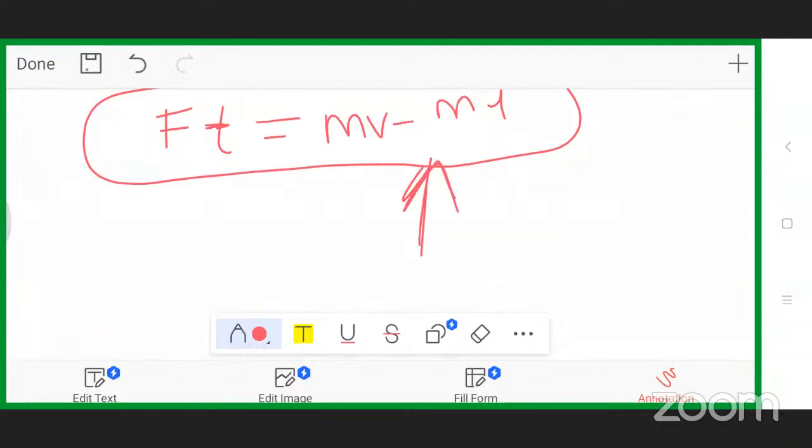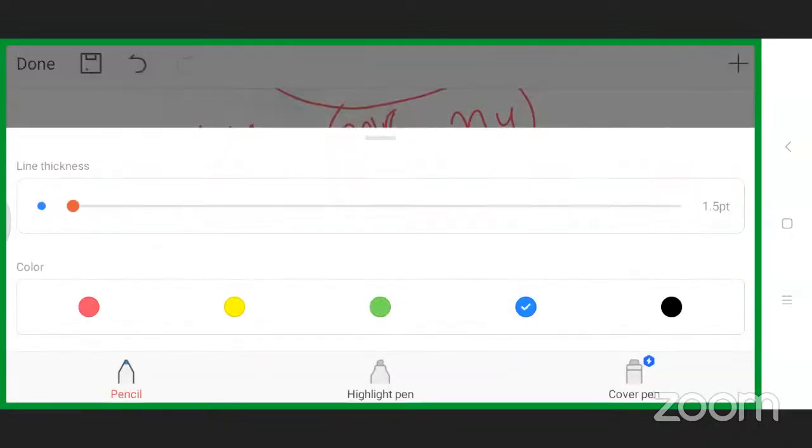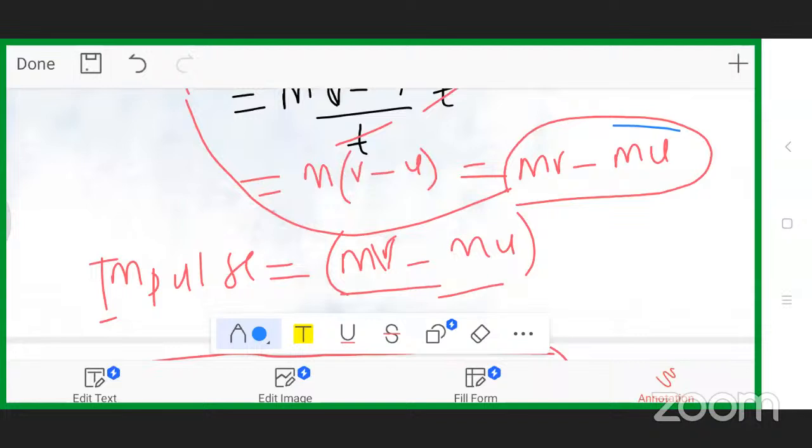But how can you decrease this change, the value of this change in momentum? What can you do to decrease its value? Assume that the mass is constant, of course. In case of an accident, you want to reduce its value. What do you do?